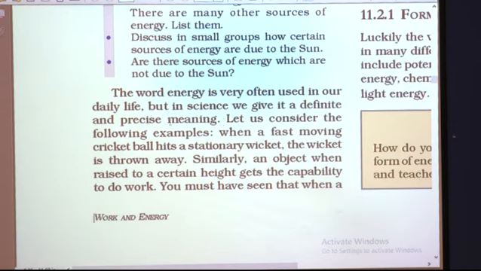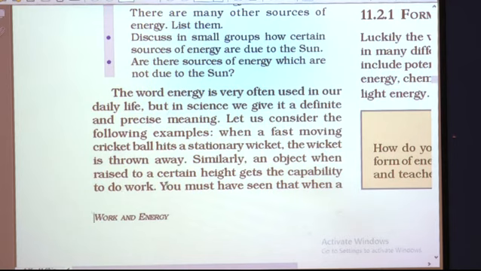Let us consider the following examples. When a fast moving cricket ball hits a stationary wicket, the wicket is thrown away, isn't it? Similarly, an object when raised to a certain height gets the capability to do work.